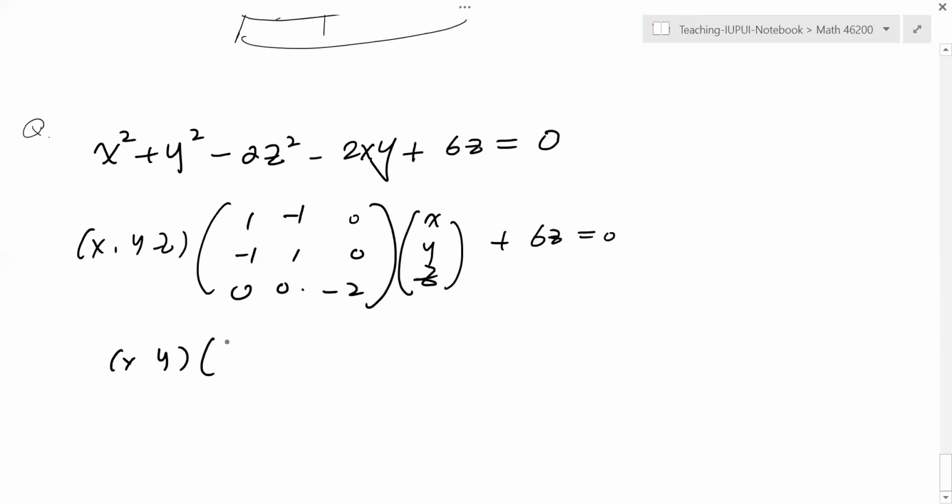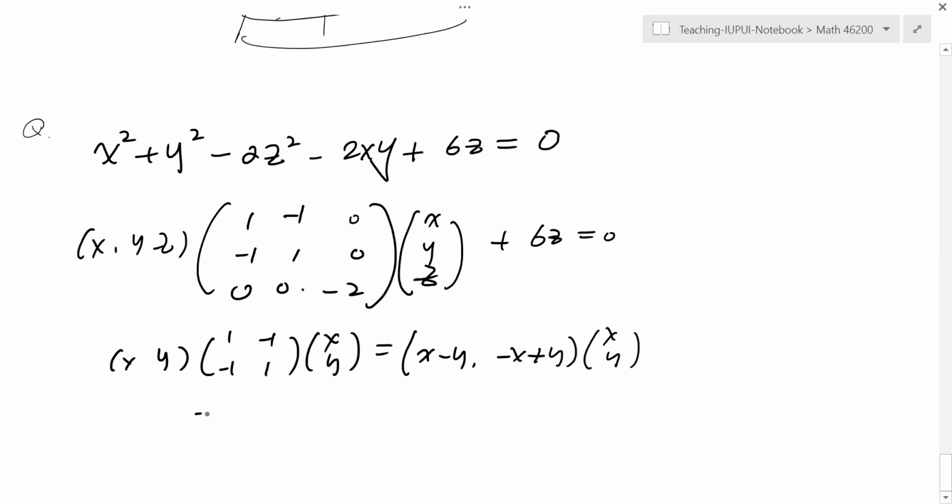X, Y, 1, -1, -1, X, Y. That's going to be x minus y, -x plus y, and xy. So if you multiply this out, it will be x minus y times x plus -x plus y times y. That's why you get x squared minus 2xy plus y squared.